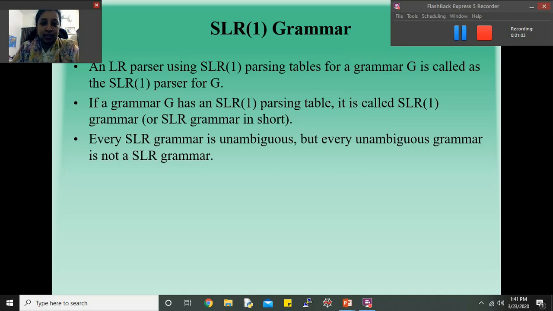Any context-free grammar which produces at most one entry in every cell of the SLR parsing table is termed an SLR grammar. There are certain context-free grammars for which the SLR parsing table will have more than one entry in a particular cell, and therefore those grammars, even though they seem to be unambiguous, are not SLR.